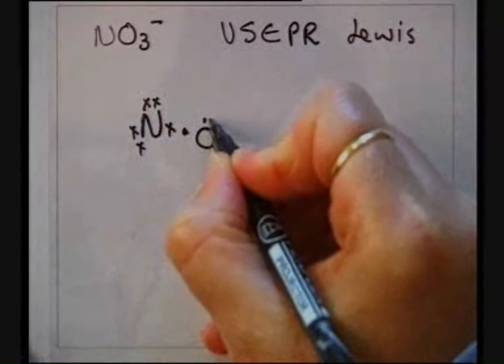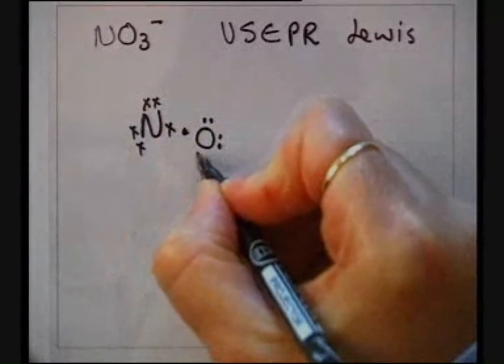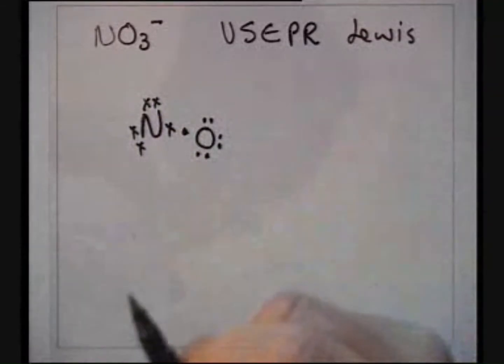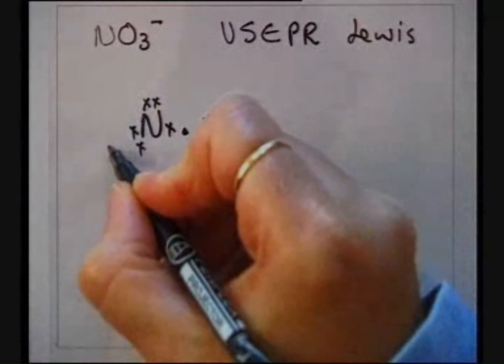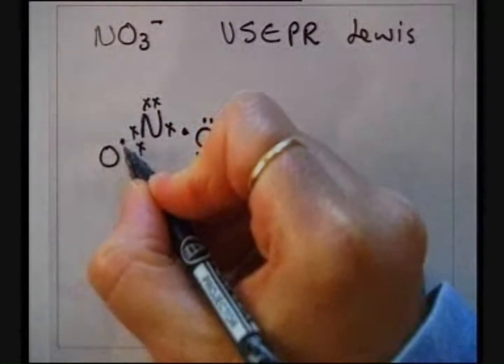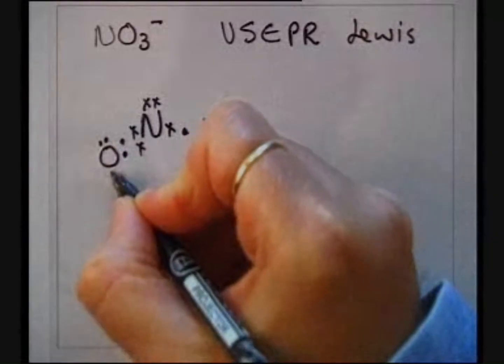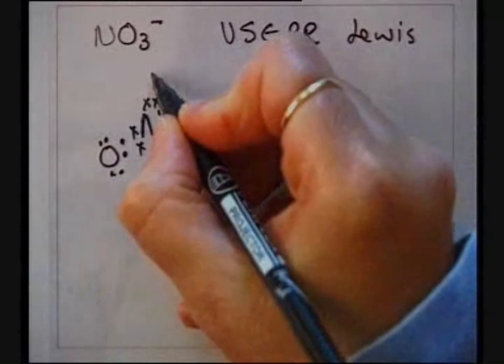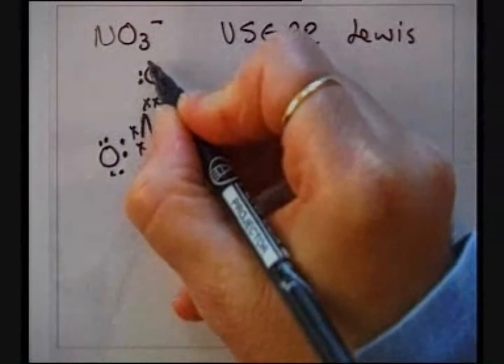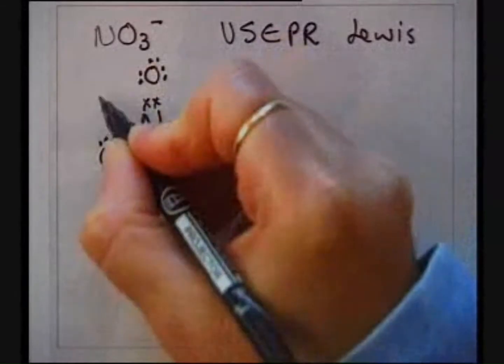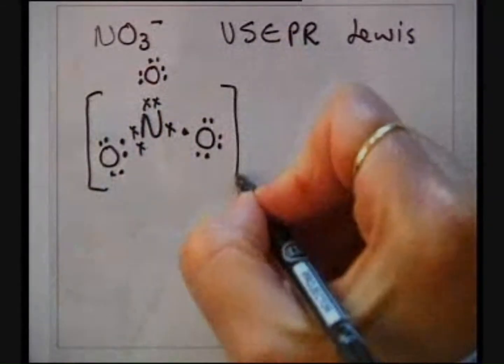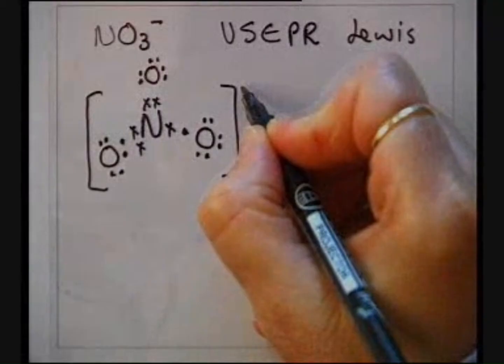By choice, we write the oxygen atom to the right now with 7 valence electrons. The other 2 oxygen atoms, 6 valence electrons, and we try to form electron octets around each of these nuclei.